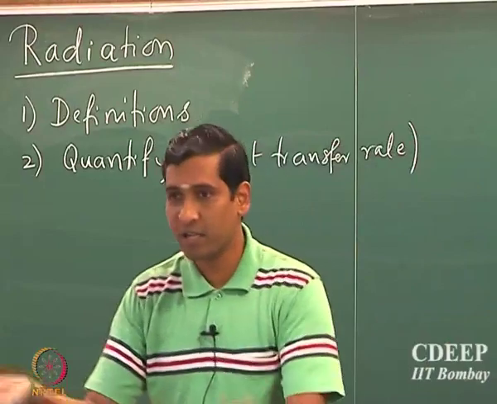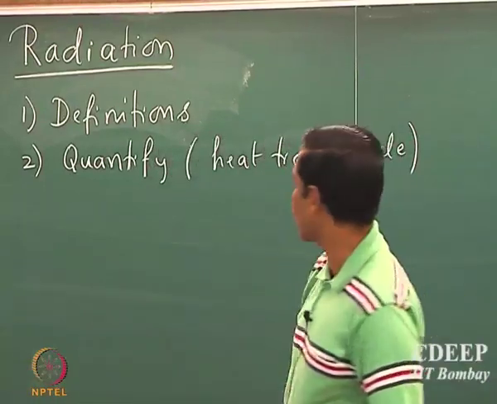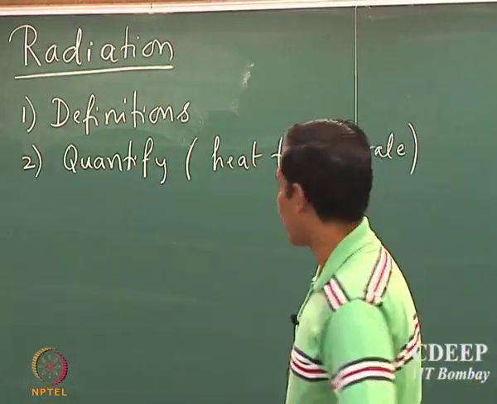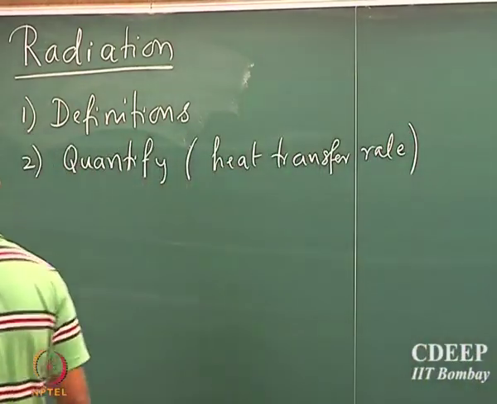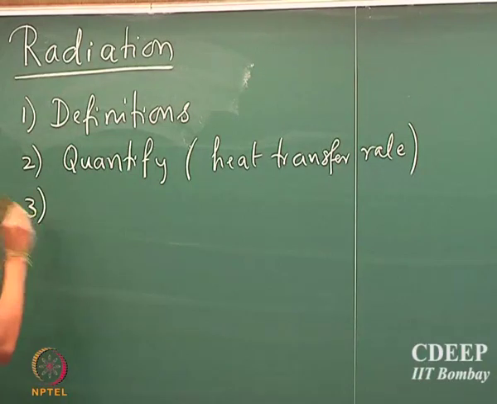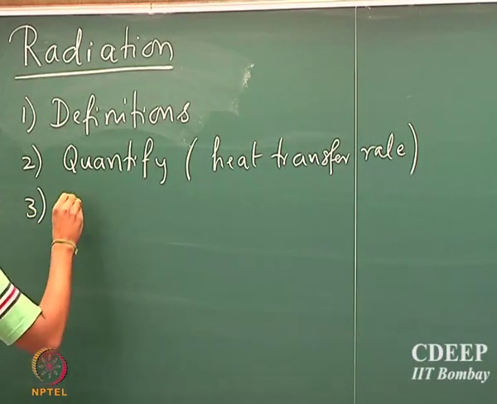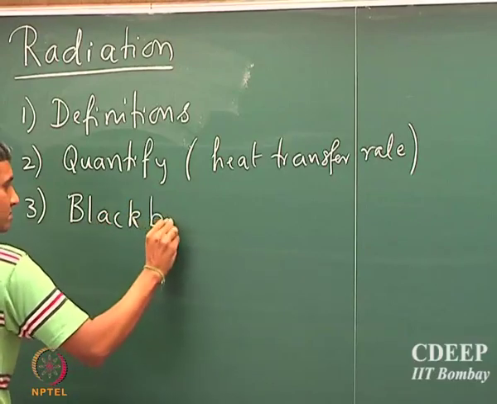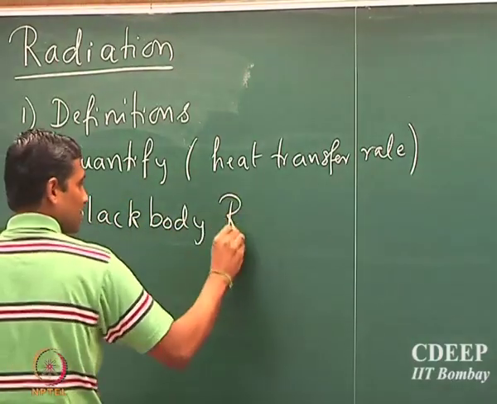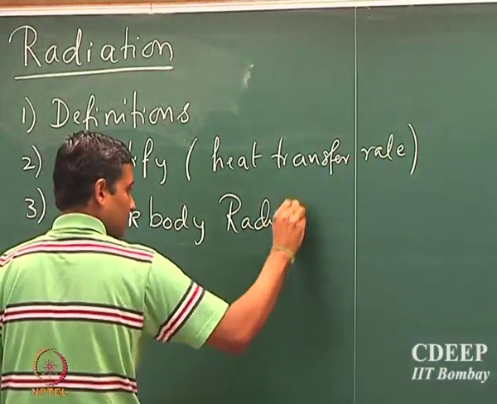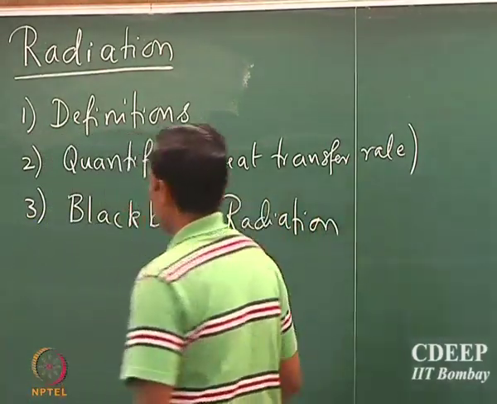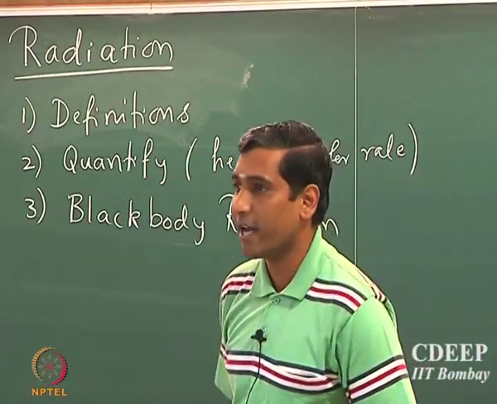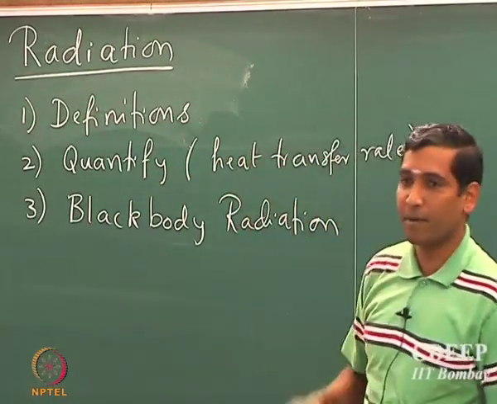Radiation could be emission, absorption, transmission, etc. So, we will look at how to quantify it for various radiation processes, and then we will look at black body radiation. We will look at what happens when there is a black body and how to quantify emission, absorption, etc. from a black body.